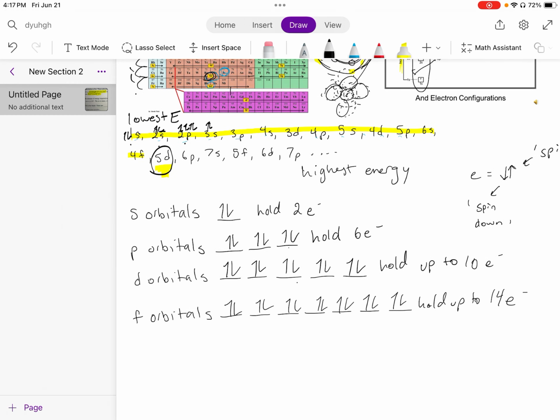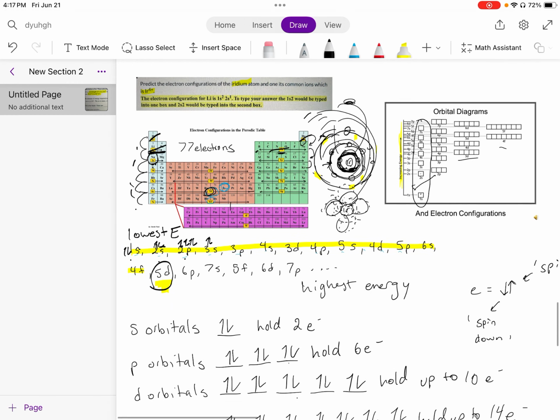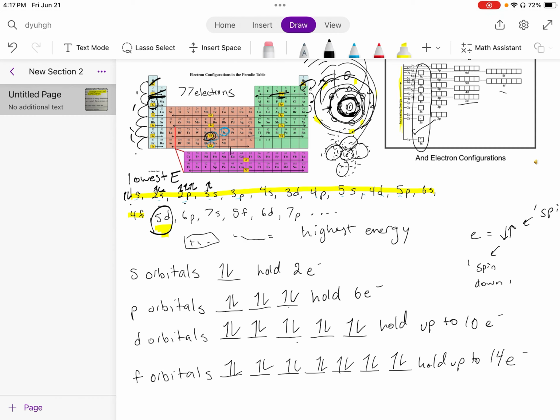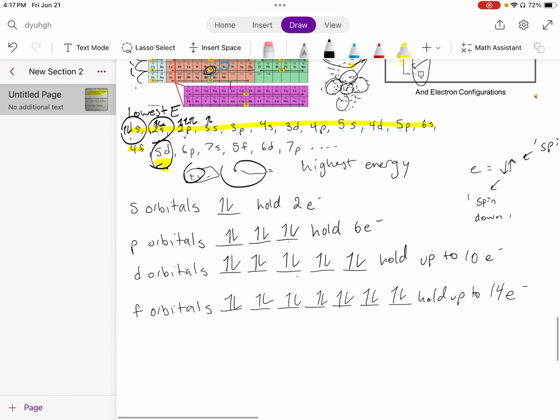So that can kind of save us a step. Because basically your answer has like a million boxes. It's like type answer, type answer. Because in each box it wants you to put how many electrons are in the 1s, how many electrons are in the 2s. And obviously iridium is super huge. It's in the 5D orbital, so yeah, that's going to take a lot of typing.